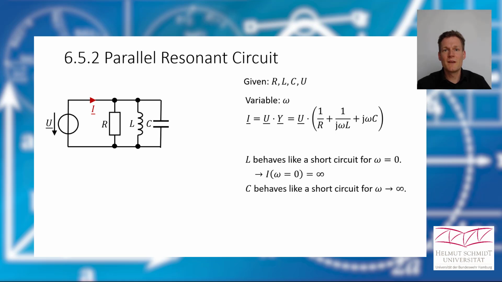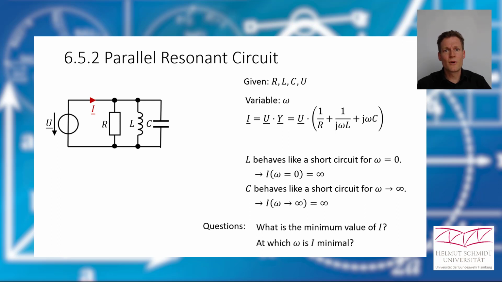And again, that would mean that at very high frequencies, our current would be infinitely high. Okay, and this time our questions are, what is the minimum value of I then? And at which angular frequency do we have our minimum value of I?